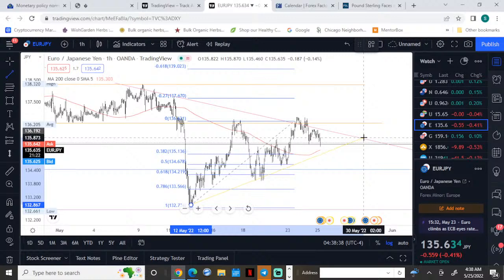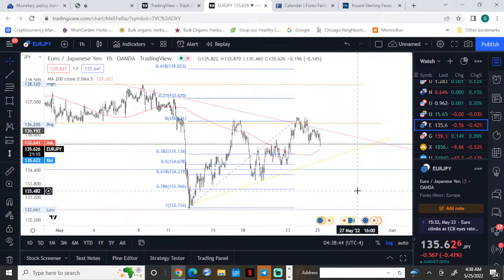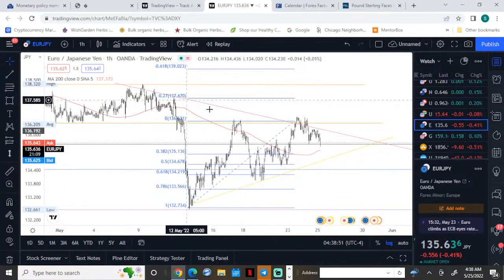Got this trend line right here, and it looks like price is in an ascending triangle. Got these higher highs, the trend line below, and this trend line above.